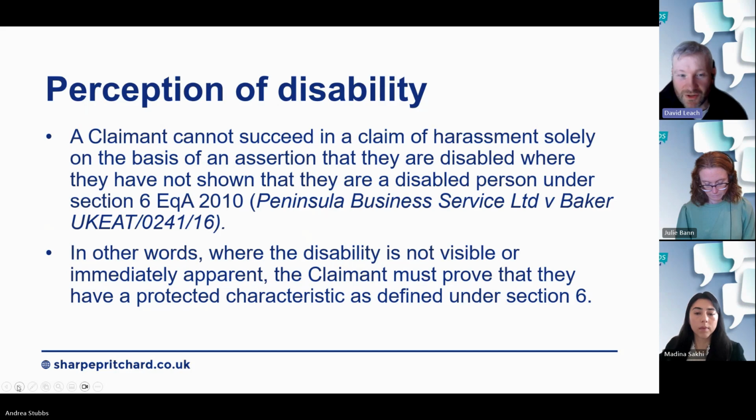And obviously, where you get the issues is the non-visible or non-apparent disability. Certainly, the claimant, and this is what Julie was saying earlier, must prove they have that protected characteristic, and then prove that treatment was because of that protected characteristic. I think we talk about it later, but one of the cases people will have recently heard about is the bald man who, I think, was called a bald git or something like that by a colleague.